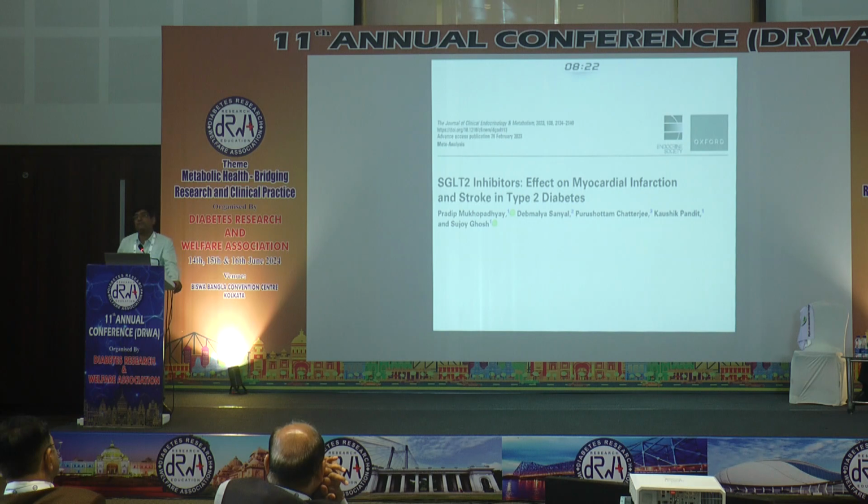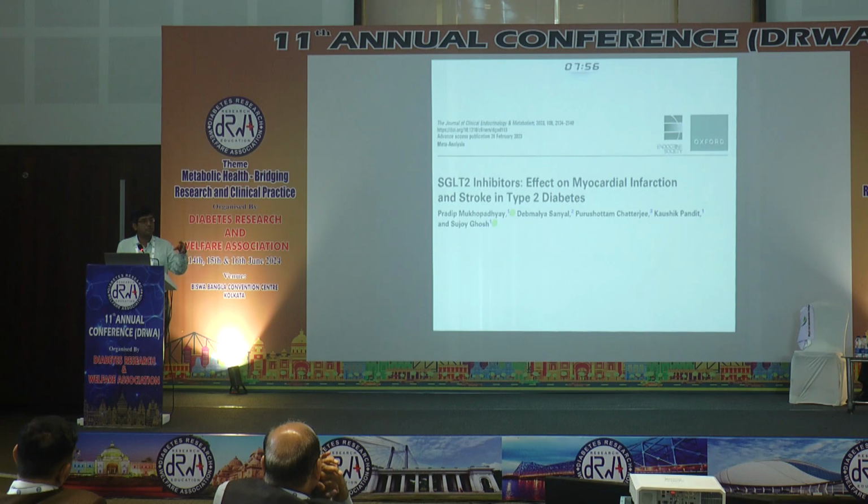So the next meta-analysis which we published was in the Journal of Clinical Endocrinology and Metabolism. We wanted to show whether these deaths are related to atherosclerotic cardiovascular events, or whether they are heart failure related deaths. So we went back to all of the cardiovascular outcome trials, and we went to the supplementary data of all of these trials.